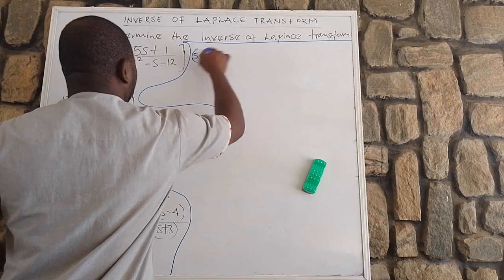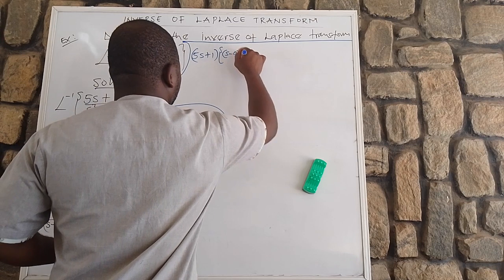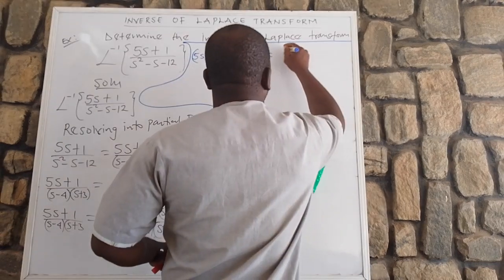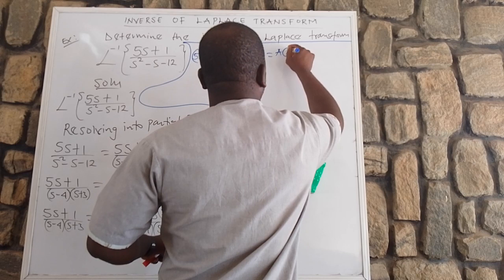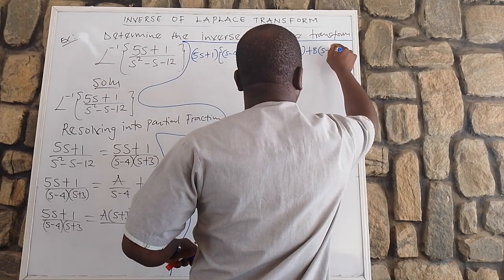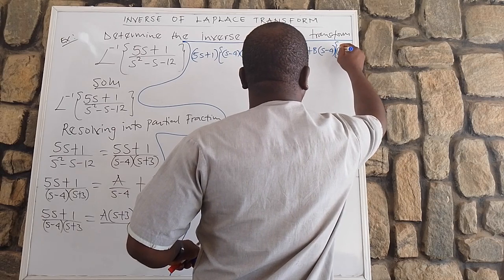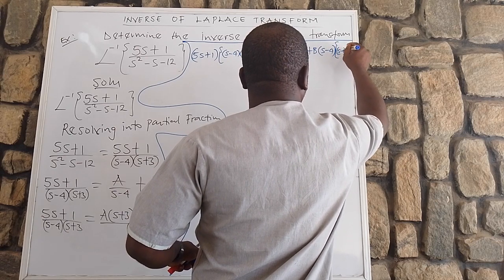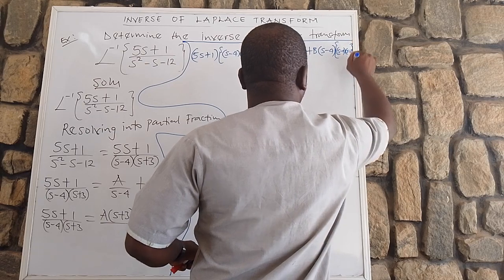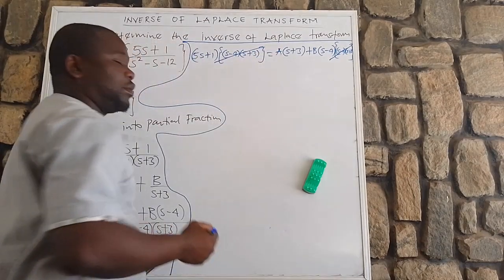This is the same thing as 5s + 1 equals A(s + 3) + B(s − 4), with the (s − 4)(s + 3) on both sides. So you discover that this and this will cancel out, true or false.